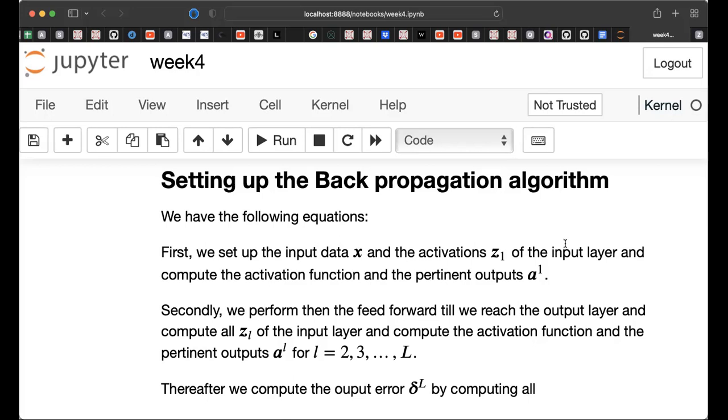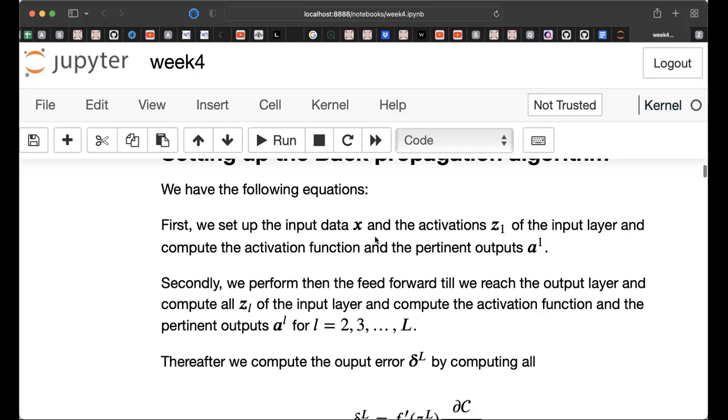So let us now look at the way we are going to set up the neural network. And I'm going to guide you through the basic ingredients here. So the first thing, we need to set up the input data. We need to define the activation functions. And the example which we are going to go through here is an example with just one hidden layer.